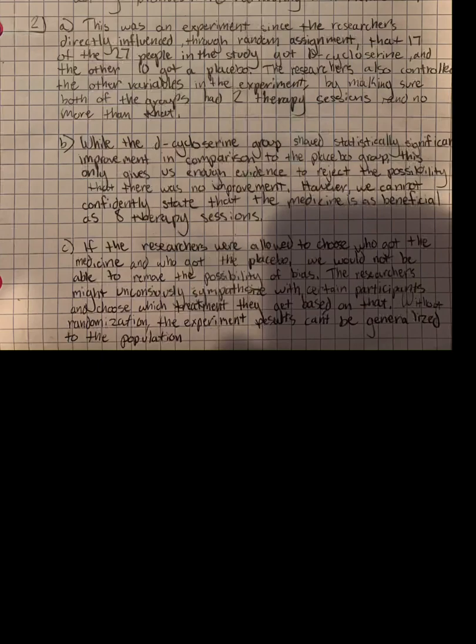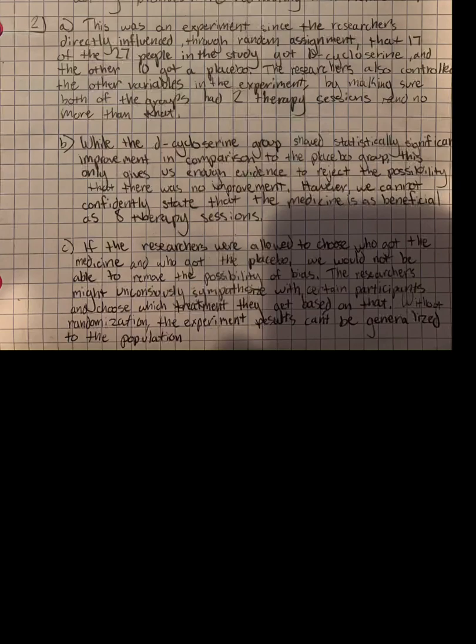Well, for this scenario, it looks like it's going to be an experiment because the researchers took 27 people who participated in the study and directly, randomly assigned 17 of them to receive the medicine and 10 of them to receive a placebo. If this were an observational study, they simply would have found people who had acrophobia and were being treated with this medicine and studied their results, and then they would have just found people who weren't taking this medicine and studied their results with their acrophobia.